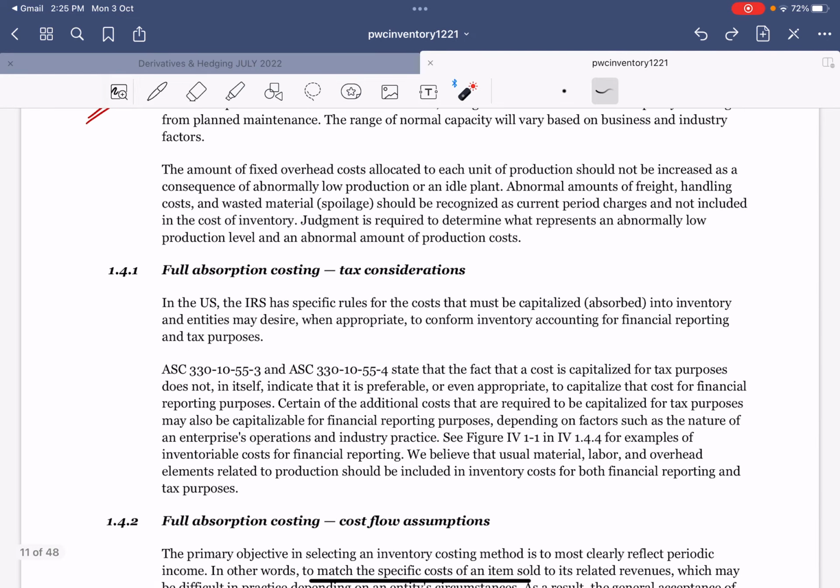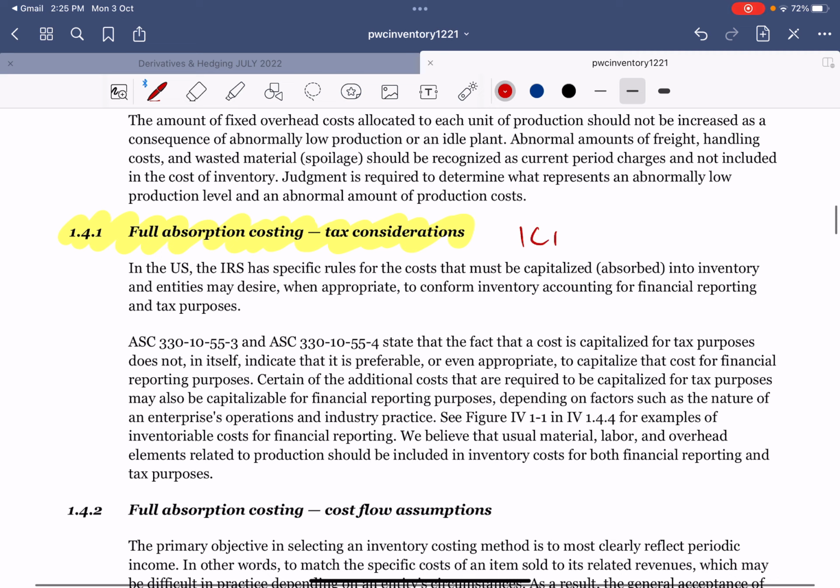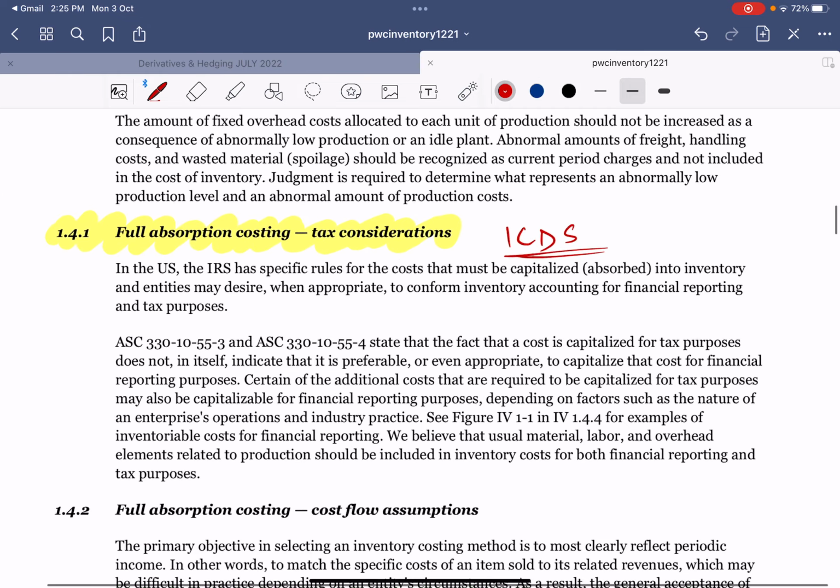Now, tax is not my area of expertise. There are specified rules for costs that must be capitalized into inventory, and that may vary for tax purposes. I also consider ICDS, the Income Computation and Disclosure Standards.